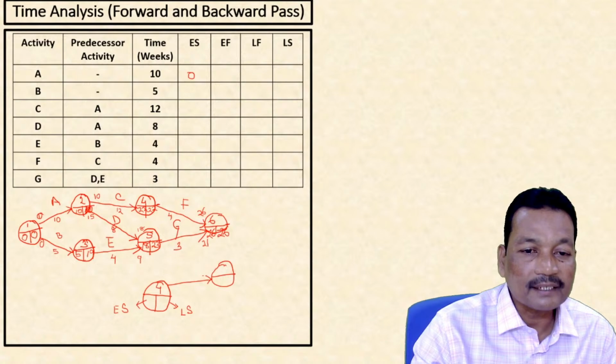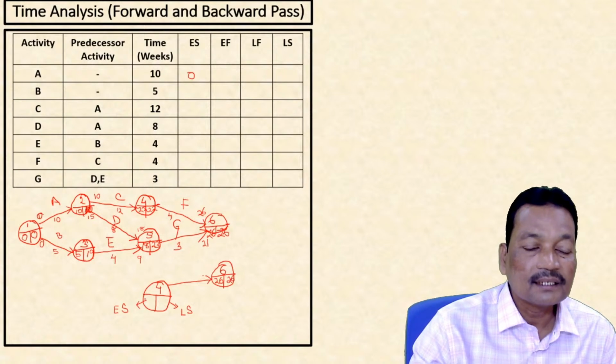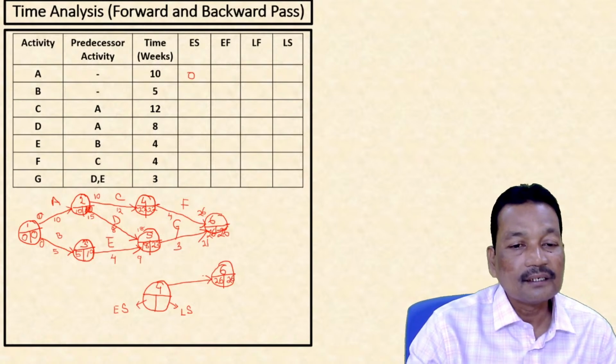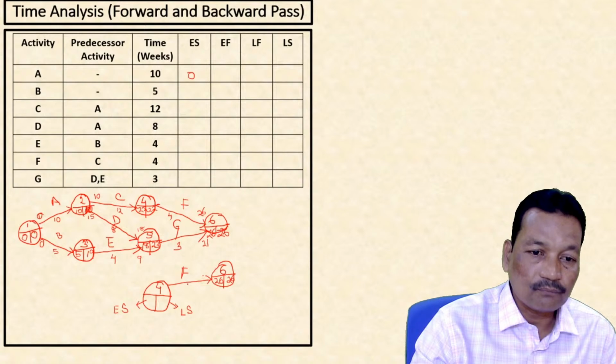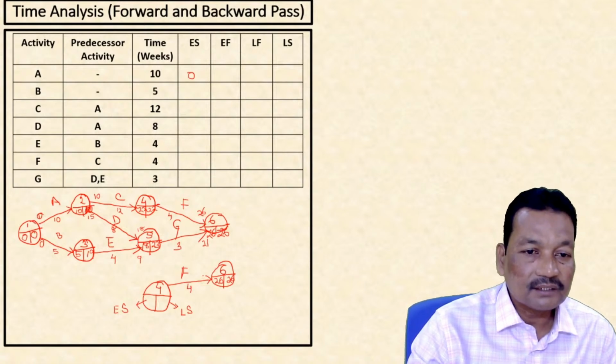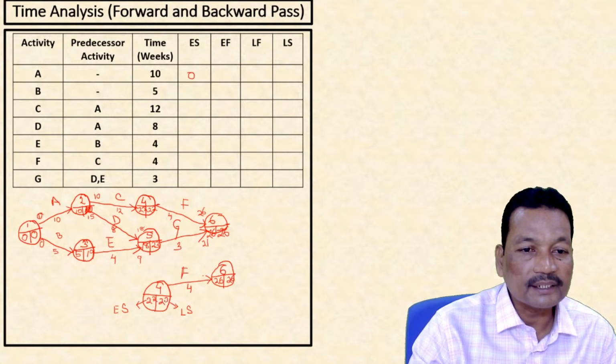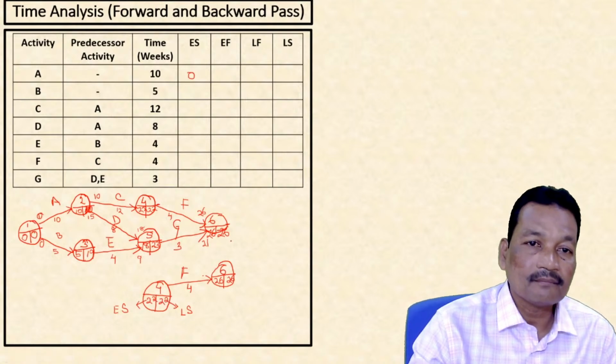From the diagram I take 6 as 26. Here it is F, having a duration of 4 weeks. This was 22 and this was 22 from the diagram.